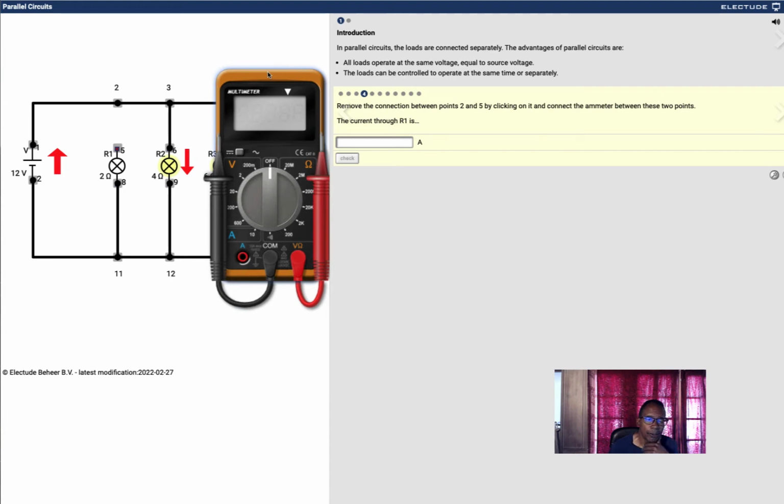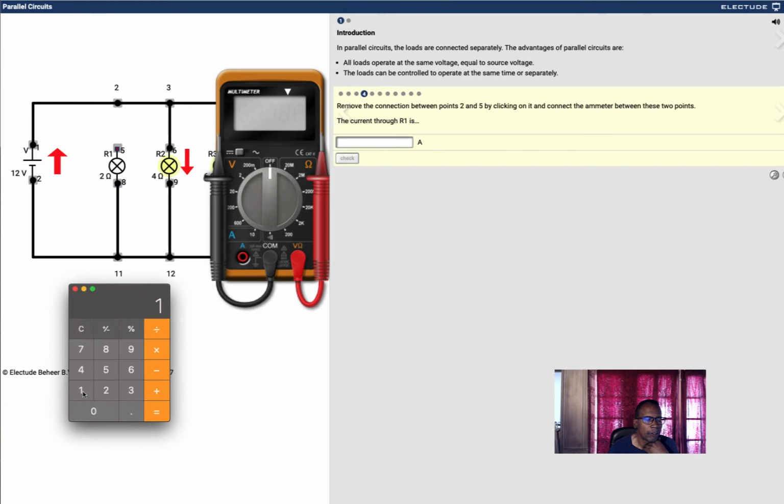Now you could do this without the ammeter, but if I take 12 volts and use Ohm's law and 6 ohms, 12 volts divided by 2 ohms. I'm sorry, I said 6. I should have 6 ohms. 6 amps going through it.